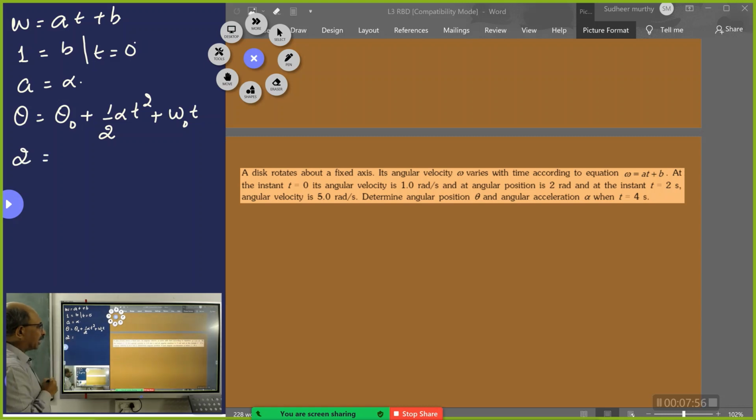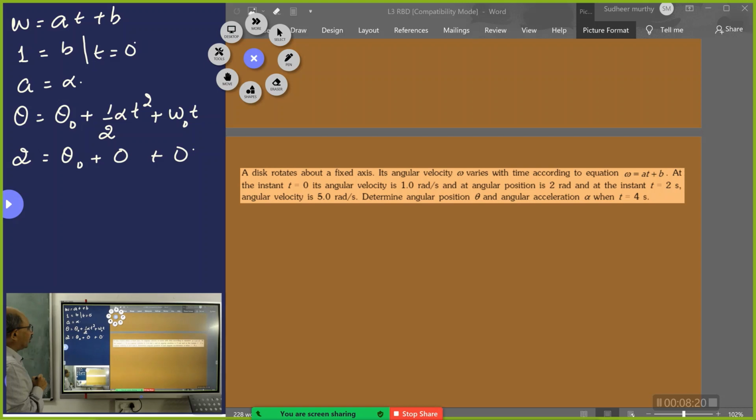At time t equal to 0, both terms will be 0, so theta naught is 2.